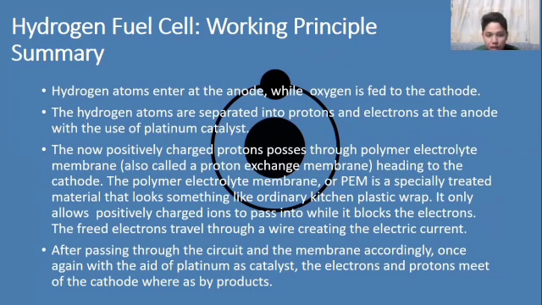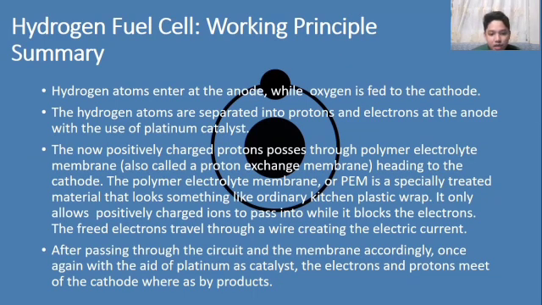The polymer electrolyte membrane, or PEM, is a specially treated material that looks something like ordinary kitchen plastic wrap. It only allows positively charged ions to pass through while it blocks the electrons. The freed electrons travel through a wire, creating the electric current.